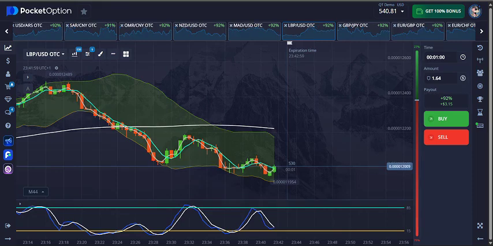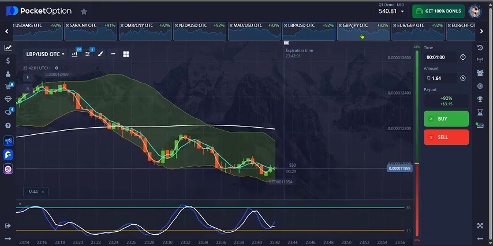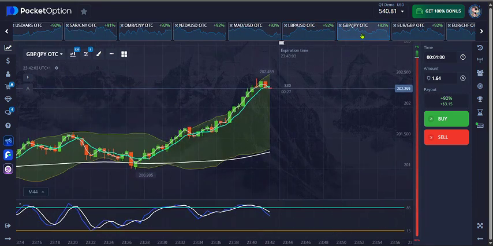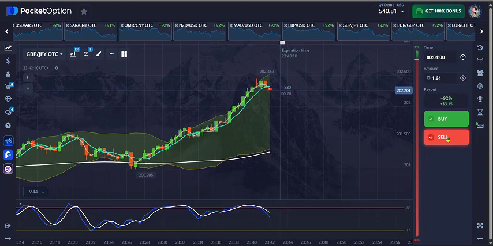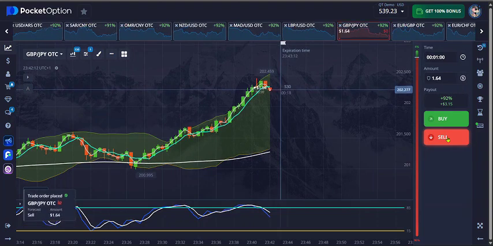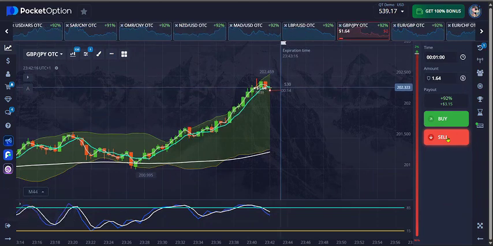Okay. Let's look for a trade to take. Oh, this looks good, but let me just try it. I'm not getting that momentum, but let us risk it. This is our last trade anyway.